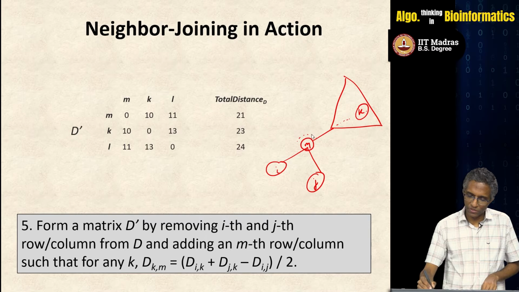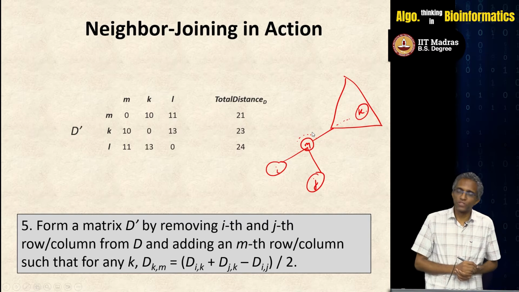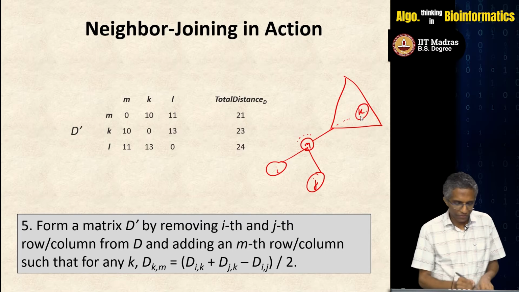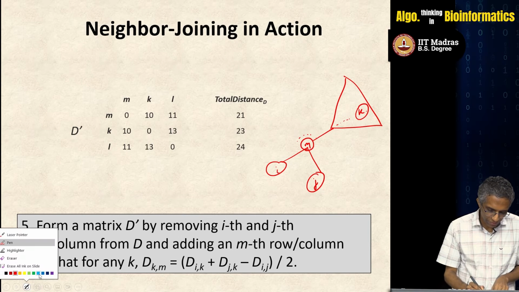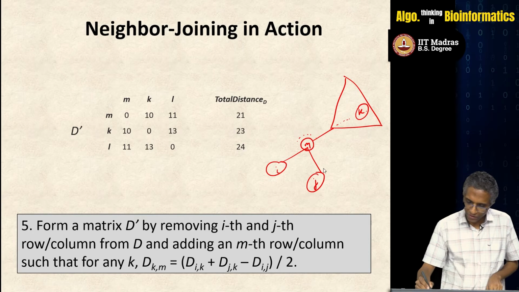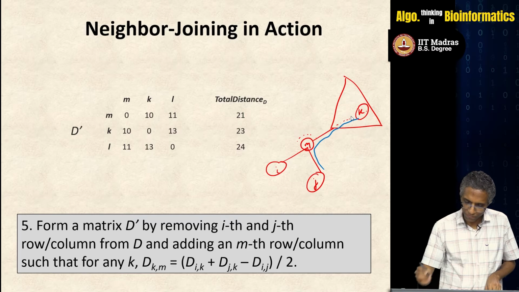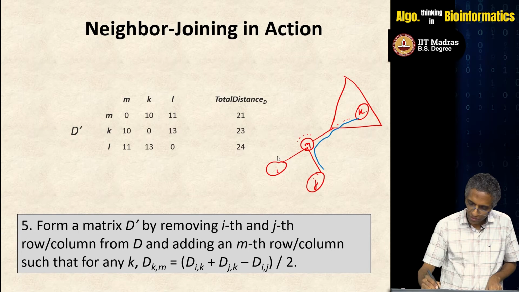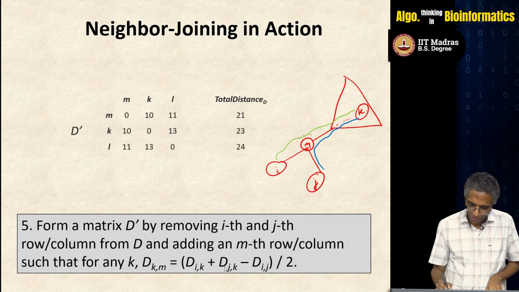m may have some other subtrees also, but at least one such k will be there, right. So, then you are trying to figure out this business we had before, right. So, you have j to k is this, then you have i to k is this, those are these two things.